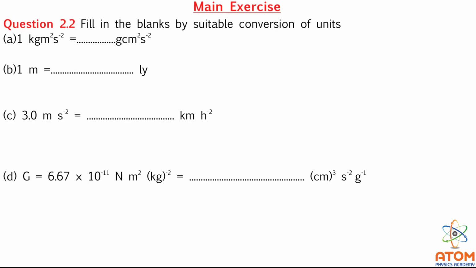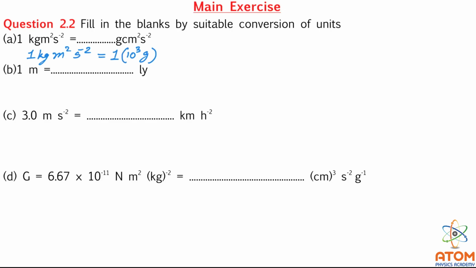Fill in the blanks by suitable conversion of units. The first is 1 kilogram meter square second inverse square is equal to how many grams centimeter square second inverse square. Let us see this. First of all, 1 kilogram meter square second inverse square can be written as 1. Now kilogram can be written as 10 raised to 3 gram. 1 kilogram is 10 raised to 3 gram.